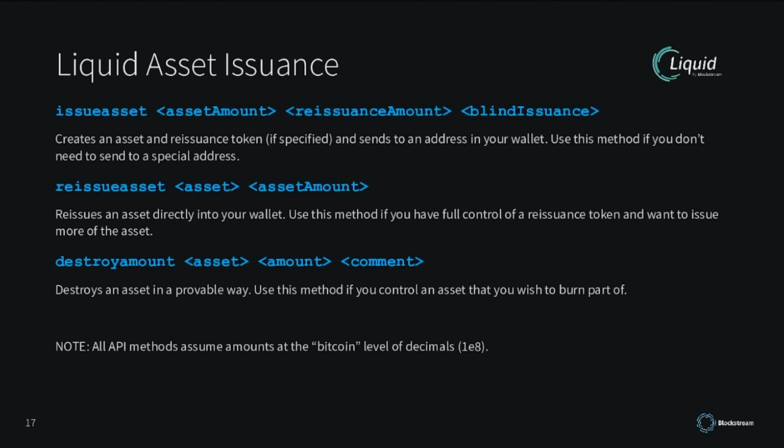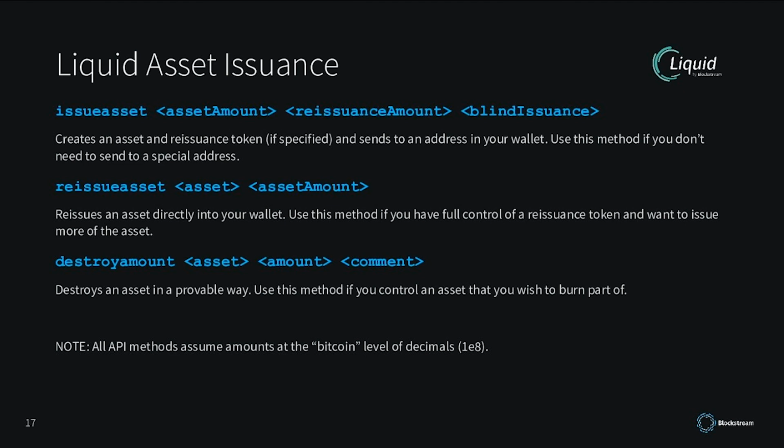This works as long as you have the reissuance token spendable in your wallet. It doesn't destroy the reissuance token, but you do need to prove that you are capable of spending it. Again, you pick which asset you're reissuing and what amount you want to issue. And the last thing is destroying an amount: how much do I want to destroy, and of which asset? I can also put a comment for my wallet on this.